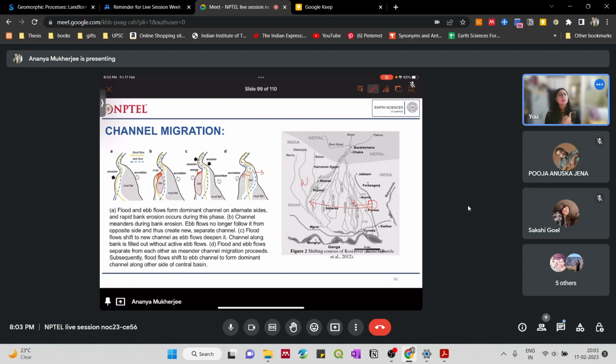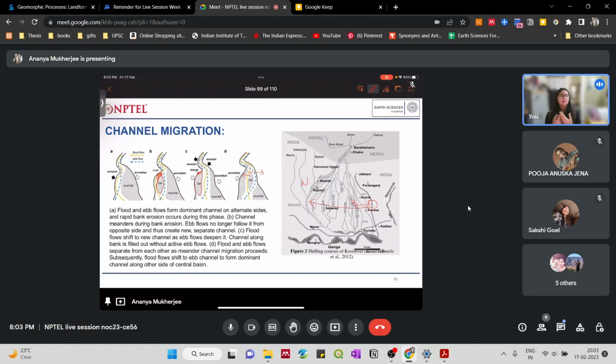Okay, then the kind of features that are formed: we studied the erosional features where the predominant action is eroding. Okay, and because of the river erosion you are getting some features like canyons, river valleys and waterfalls.